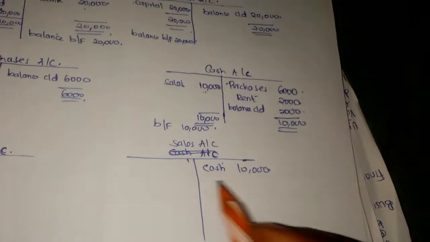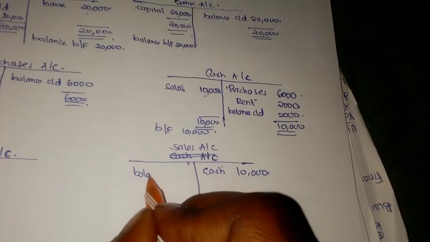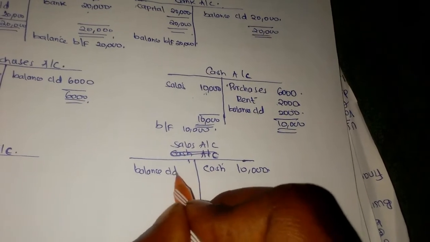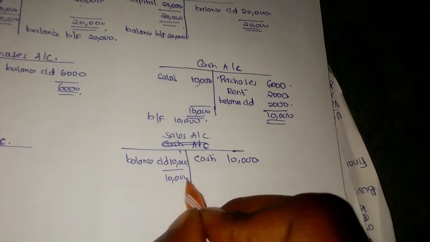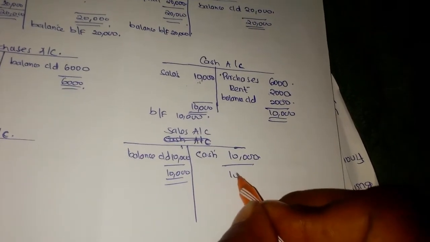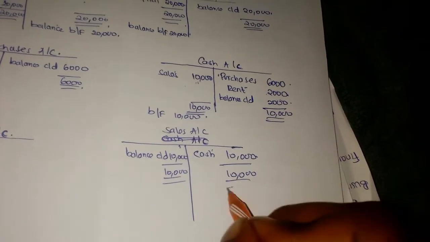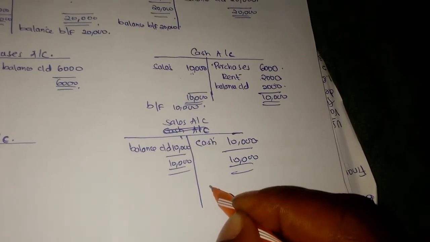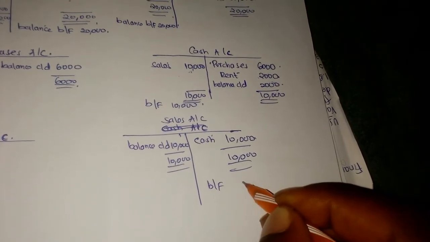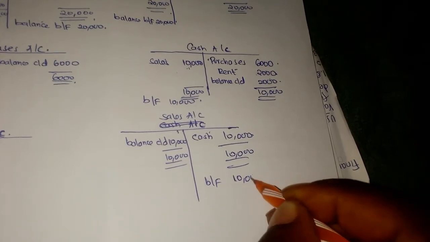So let's go to the sales account, balance carried down, which is 10,000. So this will be 10,000. Same, 10,000. So for the next accounting period, it will be balance brought forward, which will be 10,000.